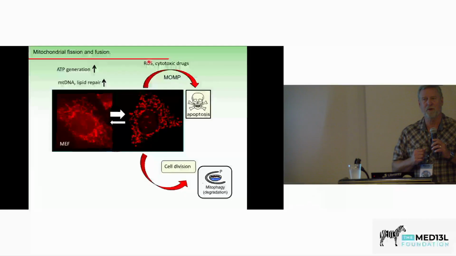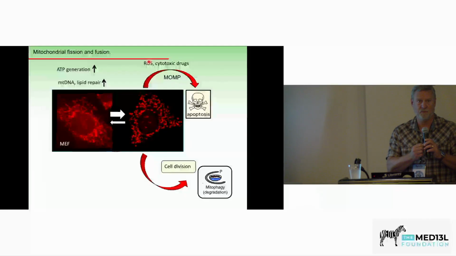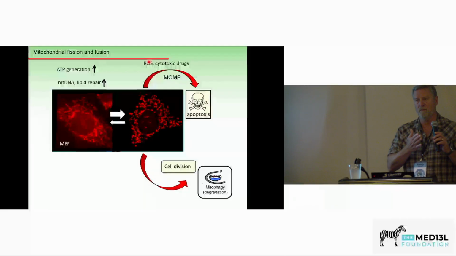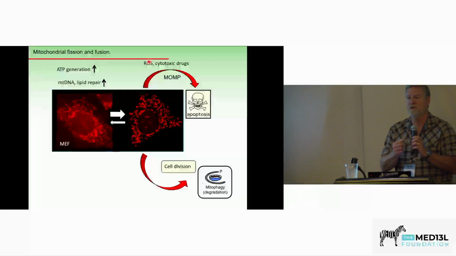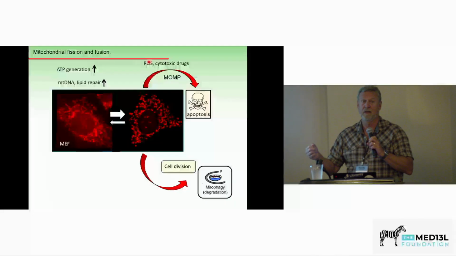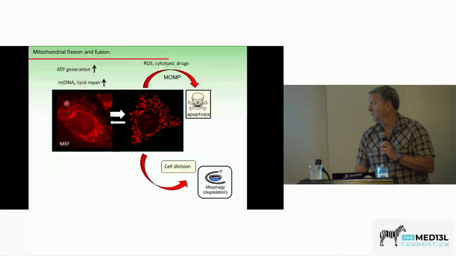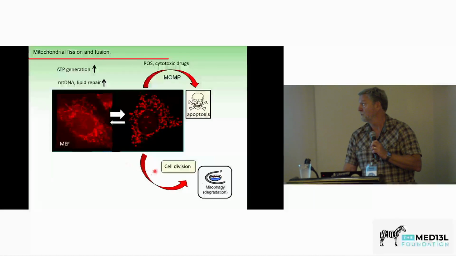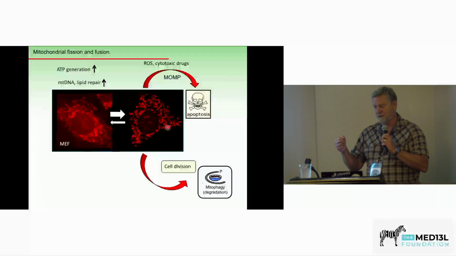However, mitochondria will fragment under other conditions as well. One of them is during mitotic cell division. When cells divide, the mitochondria go into this fragmented state because it's easier to segregate them into the daughters. You don't want to try to pull these big, long mitochondria around. You just want small ones to be able to segregate into the daughter cells.